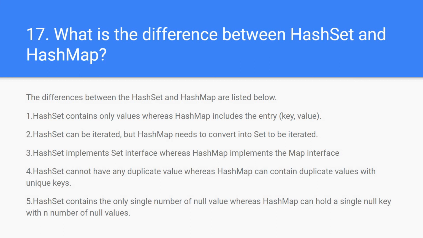HashSet cannot have any duplicate value, whereas Map can contain duplicate values with unique keys. HashSet contains only a single null value, whereas HashMap can hold a single null key with any number of null values.